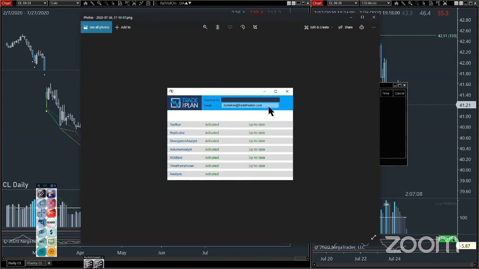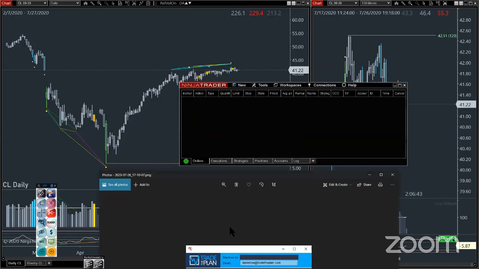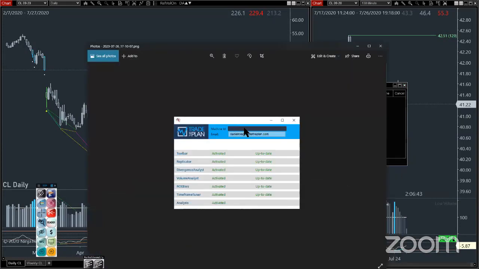If it doesn't pop up, which it will, if you're opening any workspace that has any of our indicators on it, then all you do is just open it up from the control center. New, go all the way down to trade the plan at the bottom, and then open up authorization interface. And then you'll simply add your email in, and then you'll click on send confirmation email, and that should go directly to your inbox.